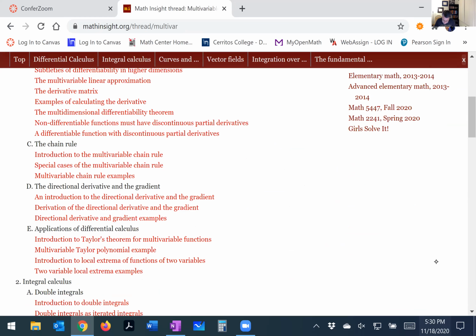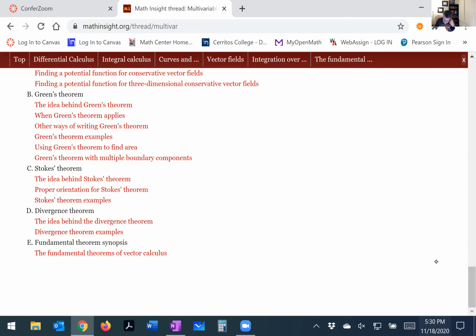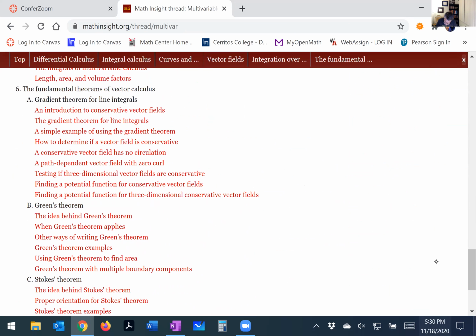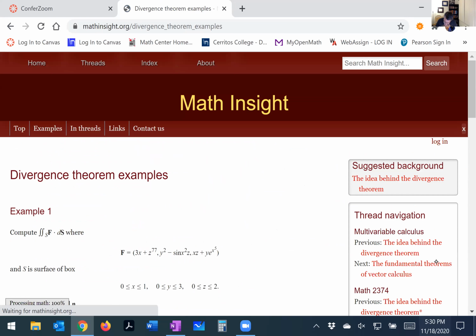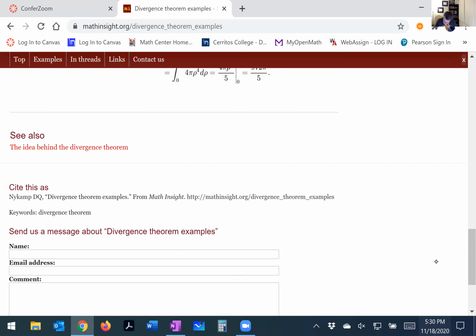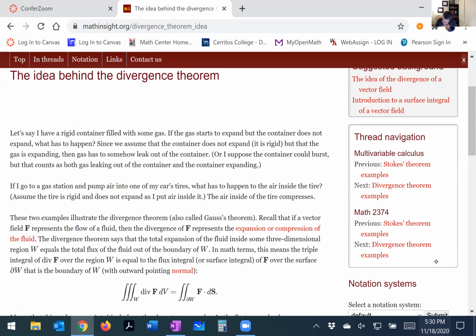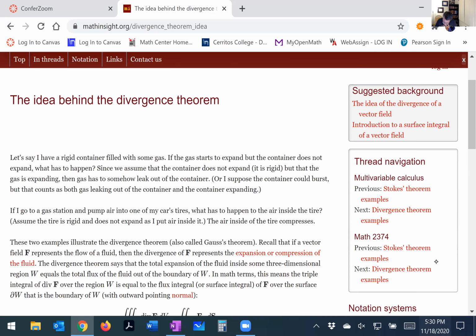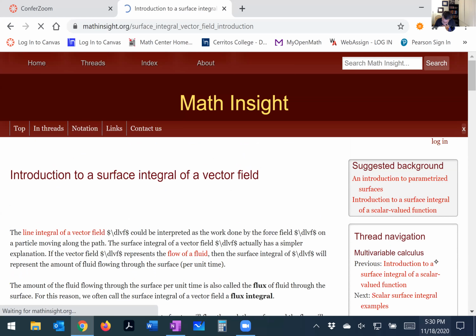Okay, so this is Math Insight, right? They have on here vector field.